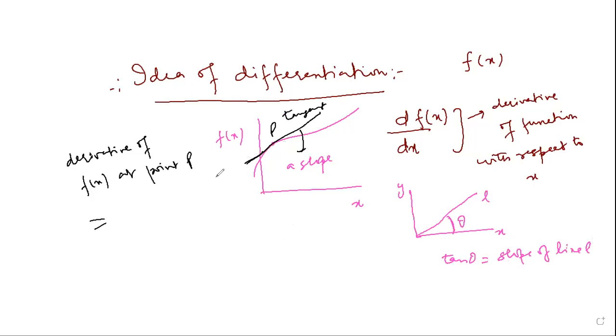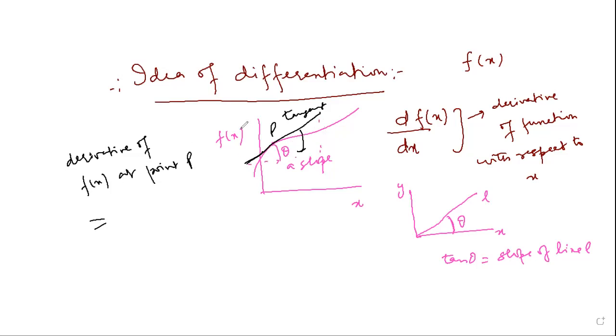Likewise, this tangent will have a slope, right? You can construct a triangle and see what is this tan theta, that will give you a slope.